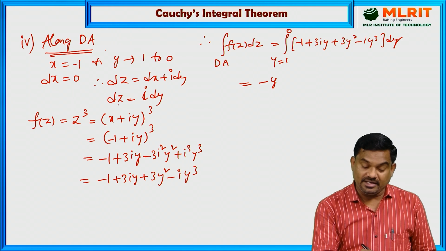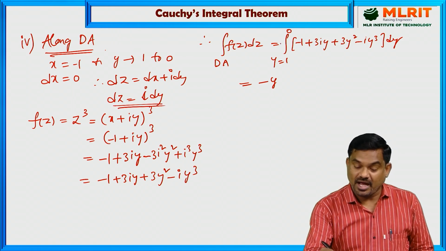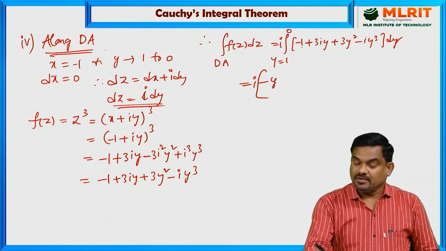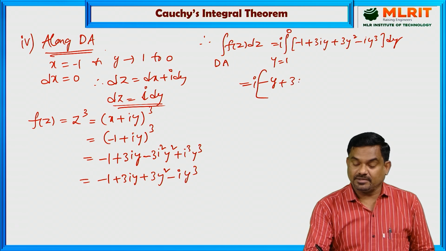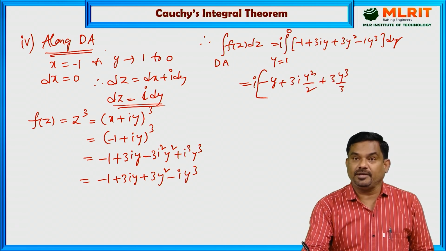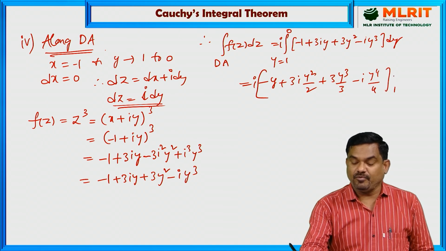Here again dz is i dy, so that i comes here. So i into the first part, integral of minus 1 dy is minus y, plus 3i y square by 2, plus 3y cube by 3, minus i y power 4 by 4, from 1 to 0.